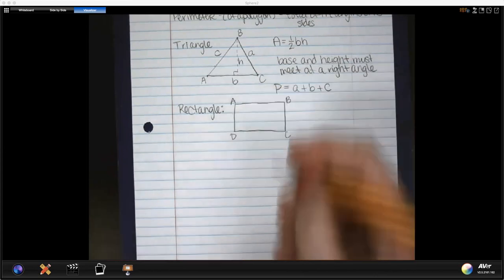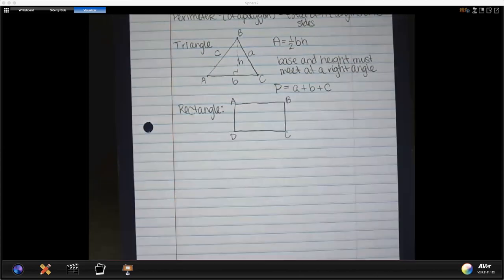Square-ish, but not really, because a square has 4 equal sides. But usually the image of a rectangle is a long square, is what I'm saying. So it isn't equal. I know what you're trying to say, but they don't have the same properties.